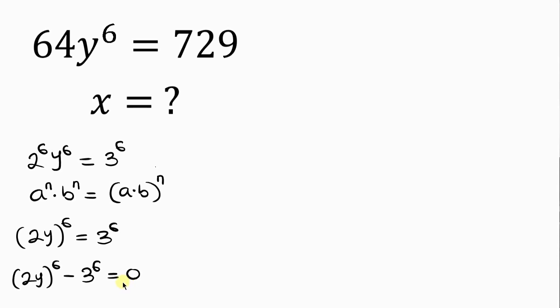Our next step will be for us to substitute. What do I mean? I'll say let this expression here, which is 2y, be equal to x, so that our equation becomes x to the 6 minus 3 to the 6 equal to 0.